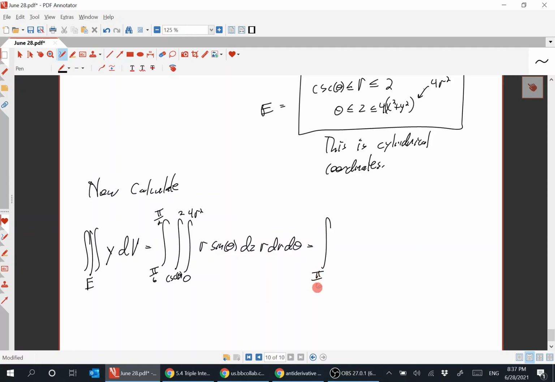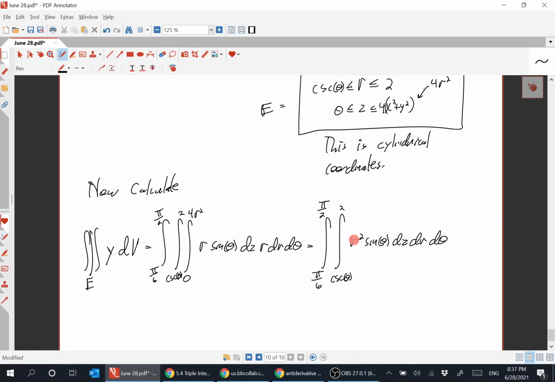So it's pi over 6 to pi over 2, cosecant theta to 2, r squared sine of theta dz dr d theta. So there's no z's here, so it's just a z.